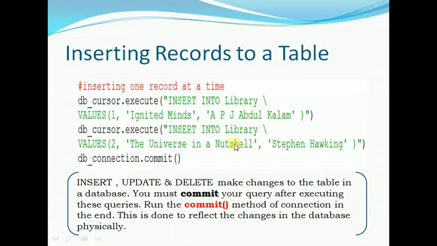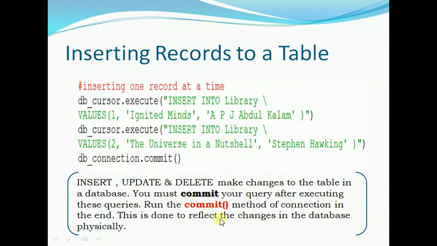But one thing we need to remember: whenever we execute the insert command, we are inserting new data into the table, so a change is happening to the database. When we execute statements which make changes to the database, we have to do an extra thing. That means we need to commit the connection, commit the query.